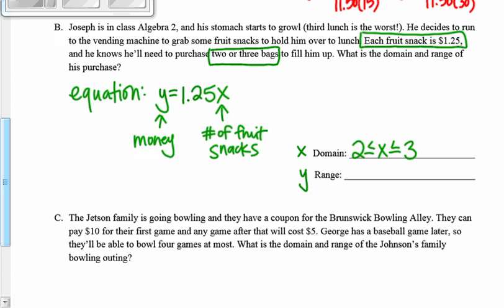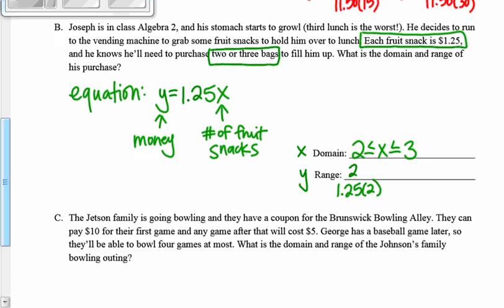The domain is always given in the word problem. The range is something that you're going to have to calculate, and that's true for every single problem here. So now we've got to figure out the least amount of money, because remember, y is money, that Joseph would spend. That would be the case if Joseph only purchased 2 bags. And remember, they're $1.25 per bag, so that's why I used that calculation.